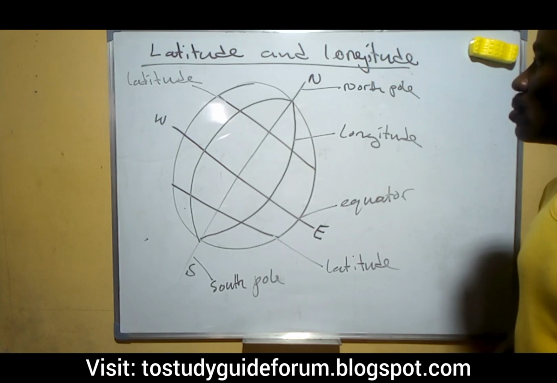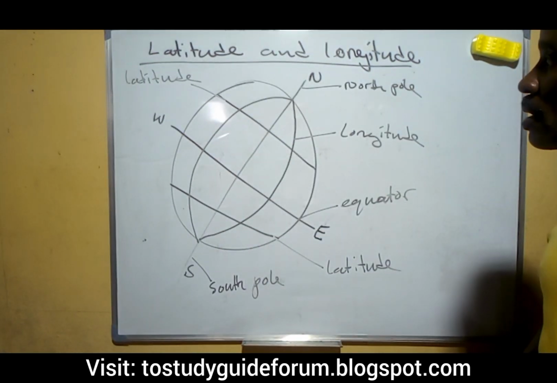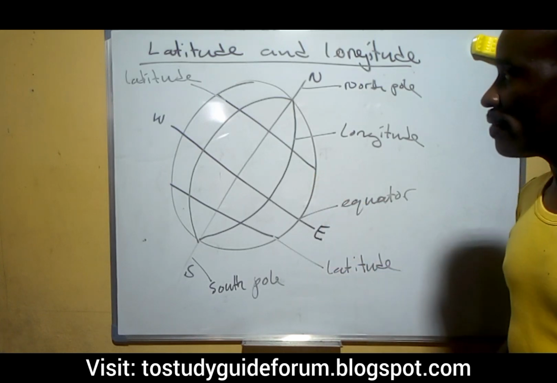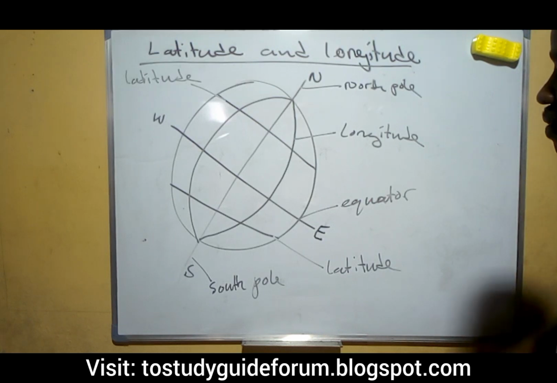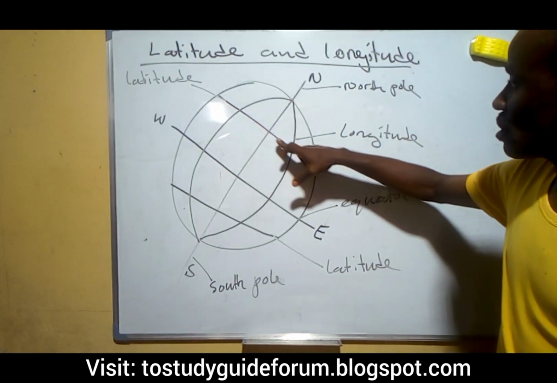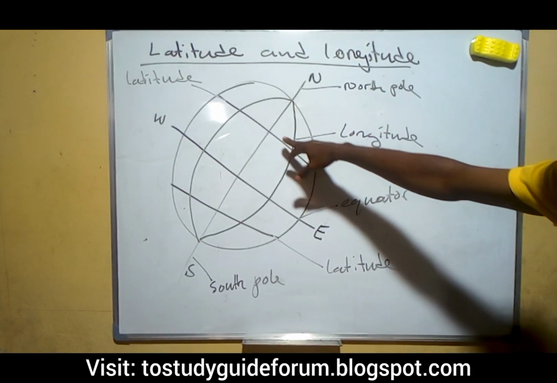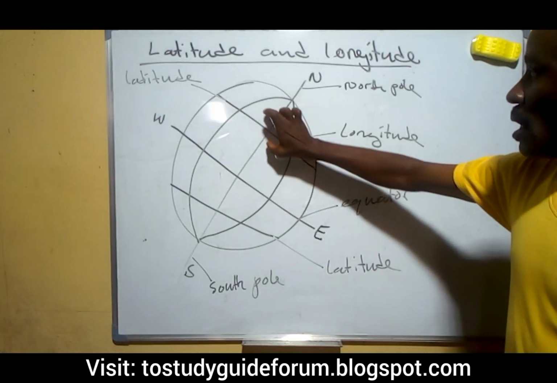Now when we talk about latitude, latitude is one of the lines that normally gives us the small circles. For example, this one here, the one that cuts the pole at right angle or perpendicular, is what we call the latitude.